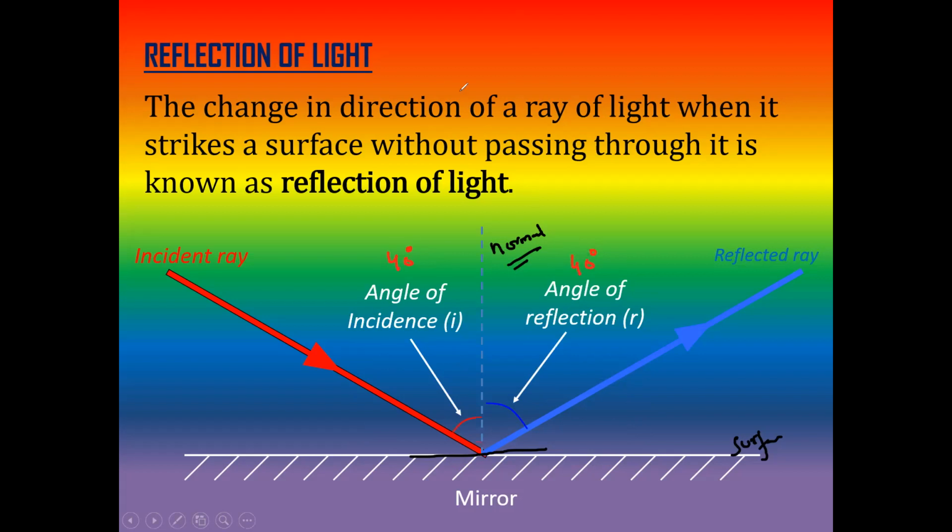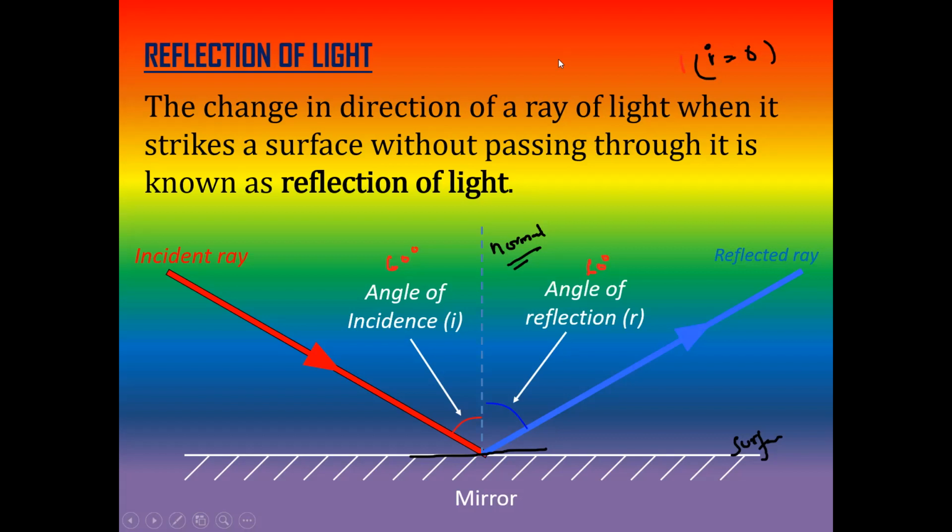If it is 60, the angle of reflection will also be 60. This is known as the law of reflection. According to the law of reflection, the angle of incidence is always equal to the angle of reflection.